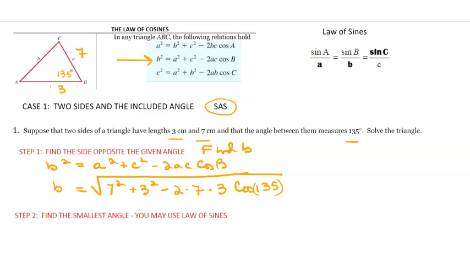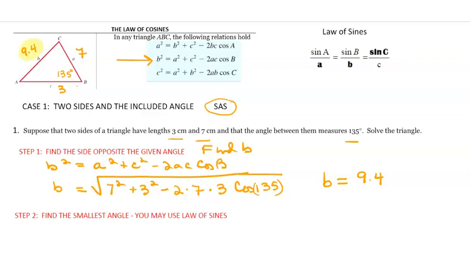So just do that all the time. If you put this in your calculator, and I would highly encourage you to practice doing this with me, you should be getting 9.4 for the side that you just solved for. That was b. I'm going to put 9.4 right here, and I'm going to highlight it in yellow so that I know that I had to solve for that side. It was not given to me.